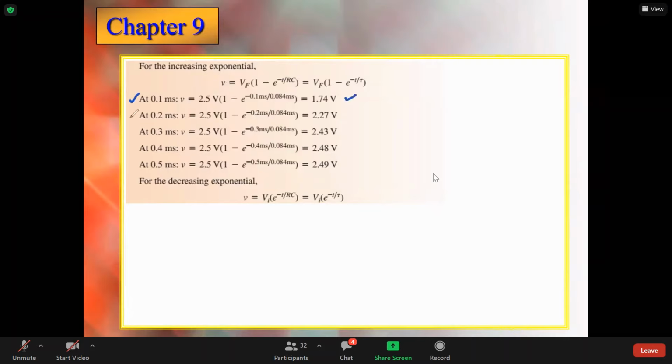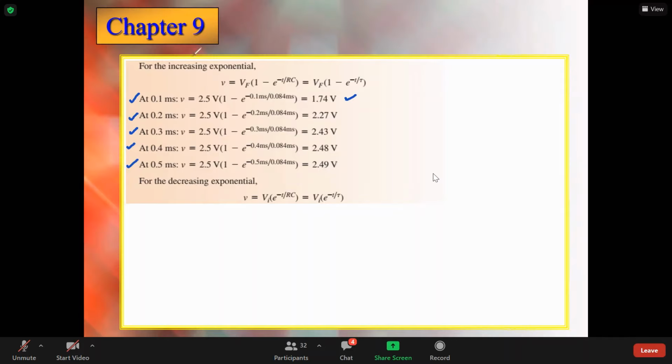Then 0.2 millisecond, then 0.3, then 0.4, then 0.5 millisecond. At 0.5 millisecond you can see how much it is charged: 2.49 volts. Correct? 2.49 volts. This way we found that it is charged up to this value.